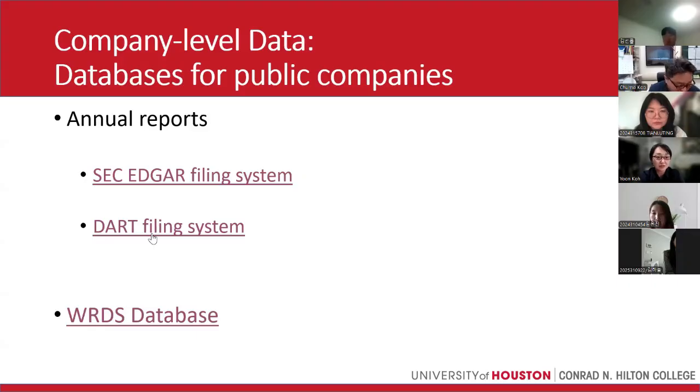I thought I put the link and checked, but it's not working. Anyway, it is very similar to the EDGAR filing system. And here you go. This is Korean public company information, like CJ Corporation, for example, which is food related.